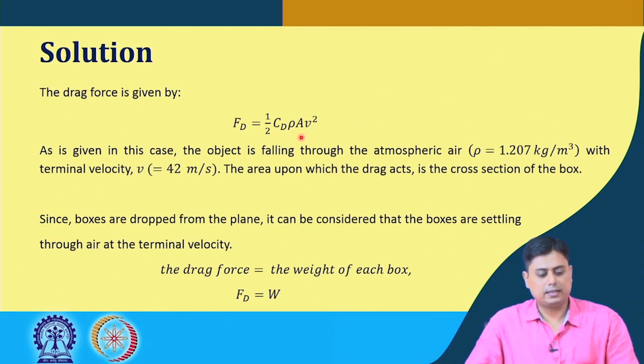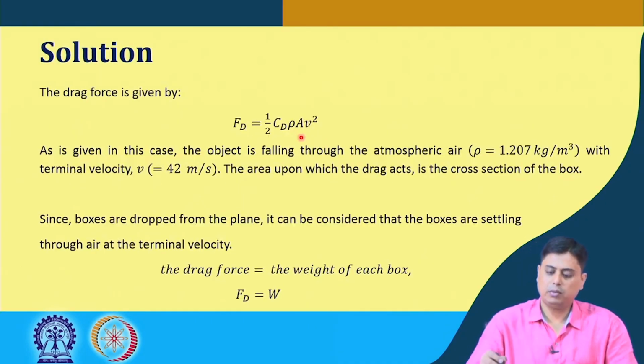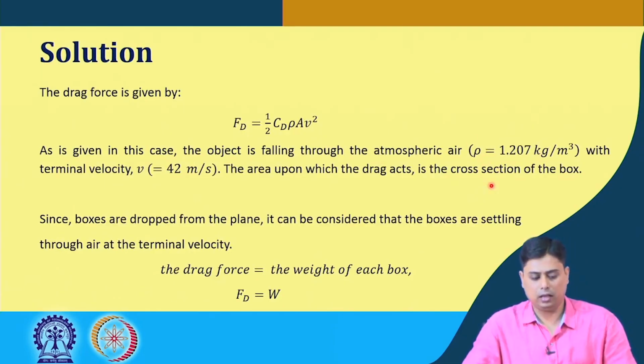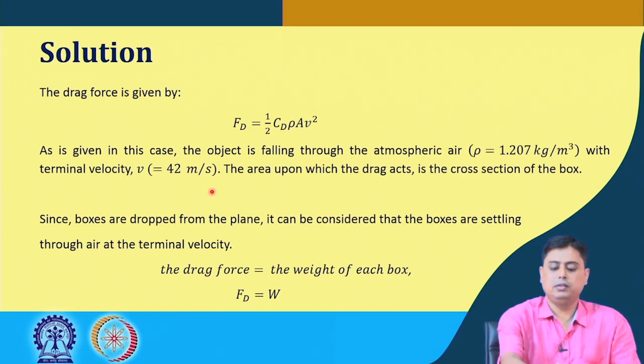Now, as given in this case, the object is falling through atmospheric air. The typical air density is known. That information is not explicitly mentioned here, but we should remember that the value at typical ambient condition is 1.2 kg per meter cube, and the terminal velocity V is given.